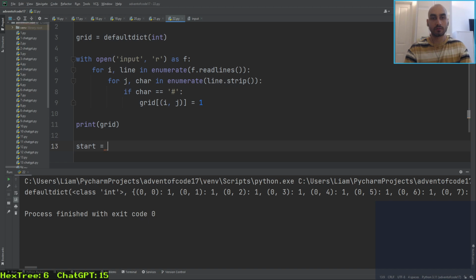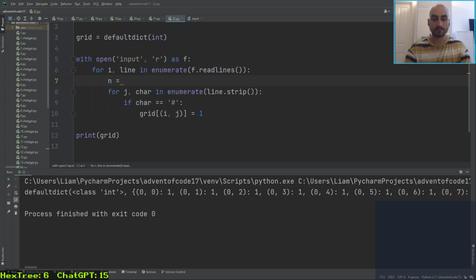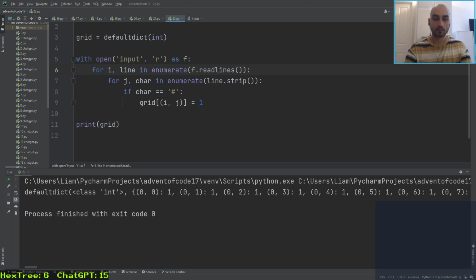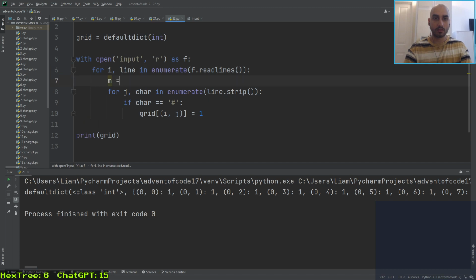So let's say start equal, n equals length of, let's just, n equals, m equals length of line, no, not line. M equals length of line minus 1.